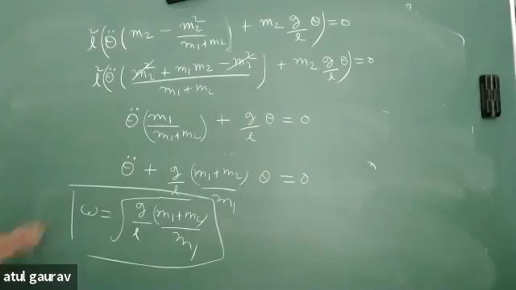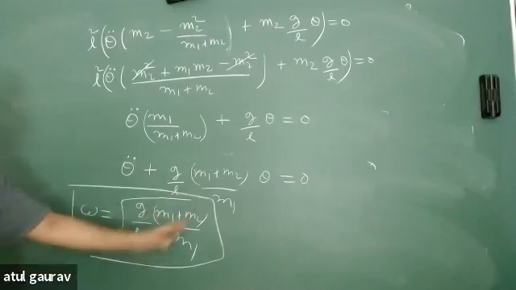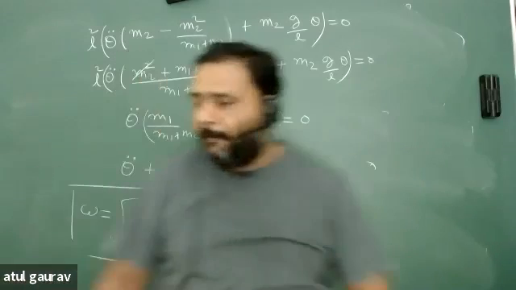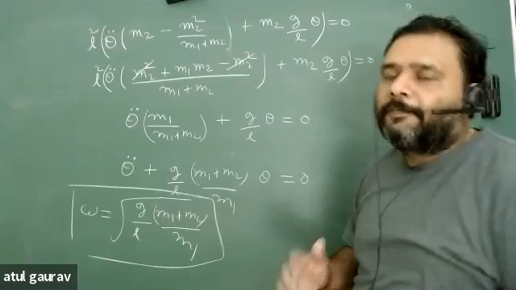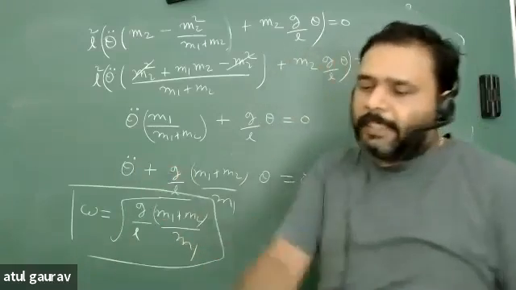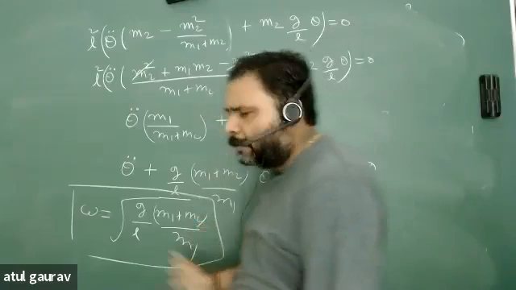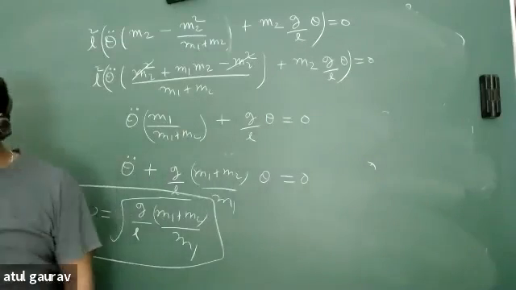This is something like a simple pendulum: G upon L kind of thing, and some ratio of the masses. So you can have a small oscillation situation here and use Taylor expansion. I don't think there is any mistake; I remember the answer is something like this.